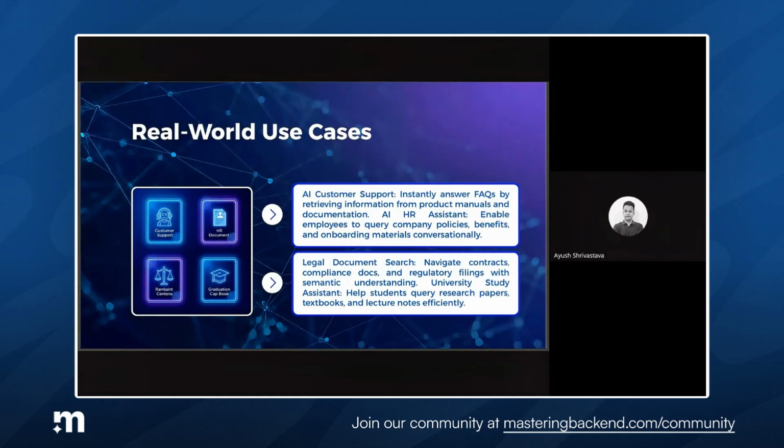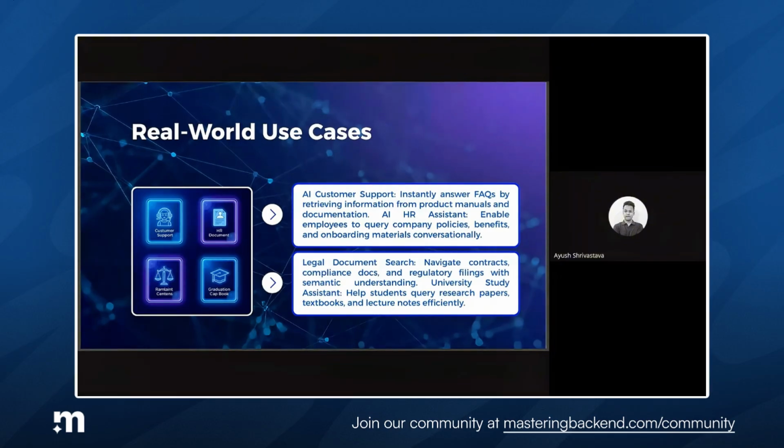So the time we need to spend reading documents becomes very little. In the healthcare sector, a doctor uploads a medical research paper and asks what is the side effect of the medicine. The AI summarizes instantly. Similarly in a university, students upload their notes and ask it to explain operating system scheduling.